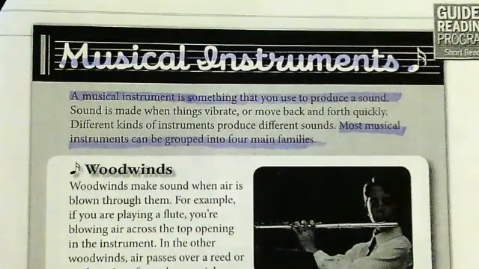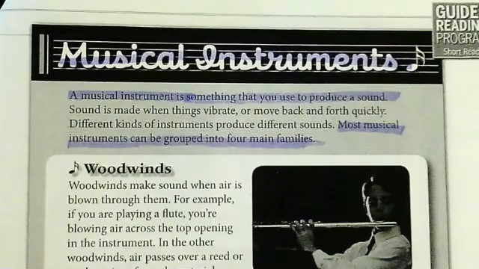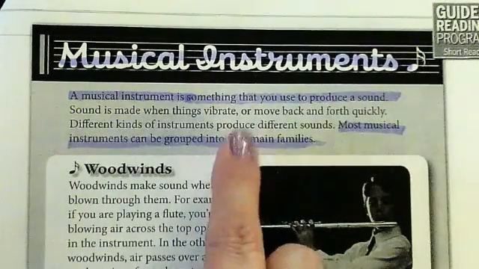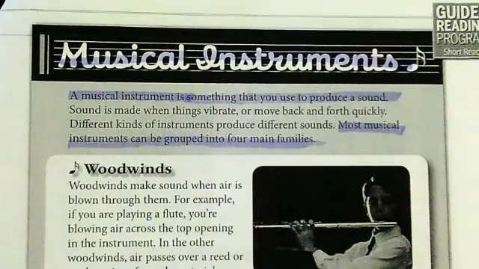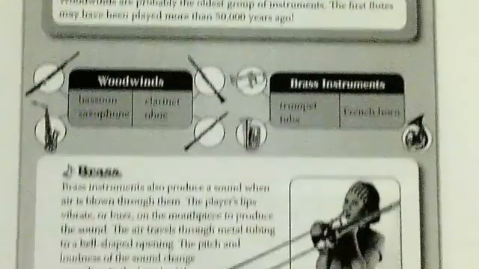So the author's purpose for writing this was to give the reader information on the 4 main families that instruments can be grouped into. That was their whole purpose for writing this. And then they go on to give us details about each one of the families.